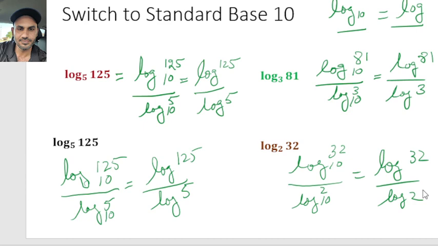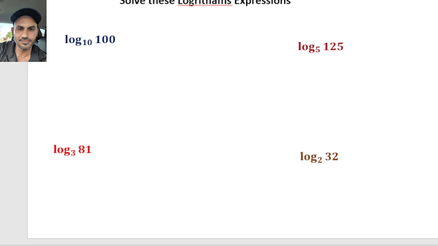Okay. All right. Now we go ahead and move on. Here we're going to solve these logarithm expressions using some exponent rules. Like I showed you in the very first slide, the log is basically you're taking the base and raising it to some exponent, and that should be equal to the value of the number.